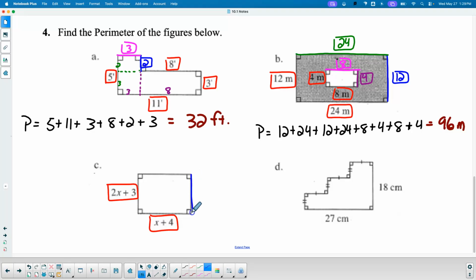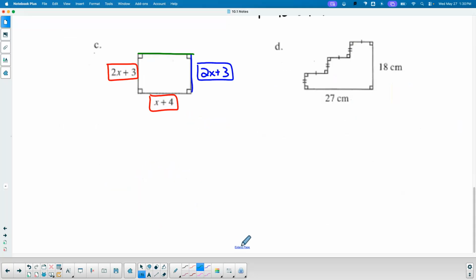What's the blue missing dimension? 2x plus 3. What's the green missing dimension? x plus 4.